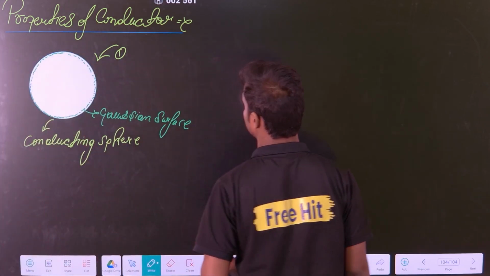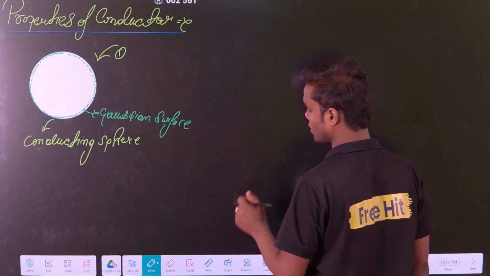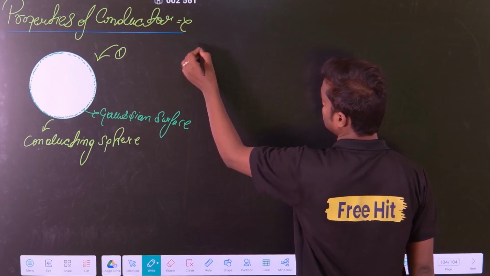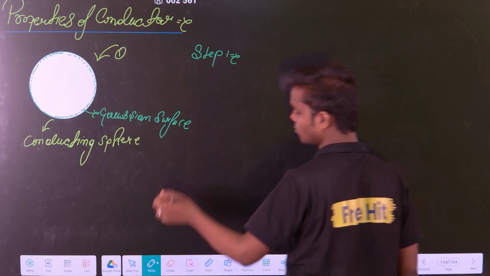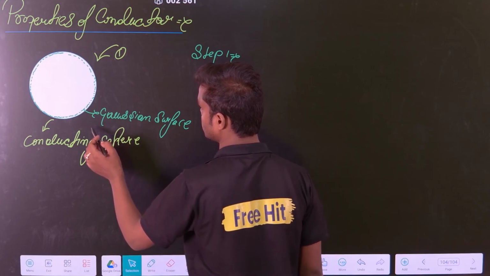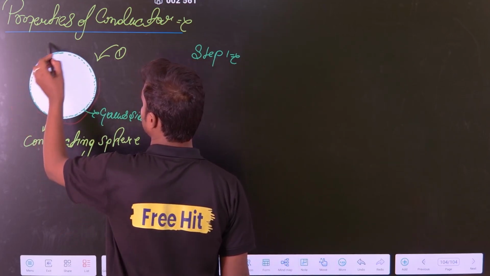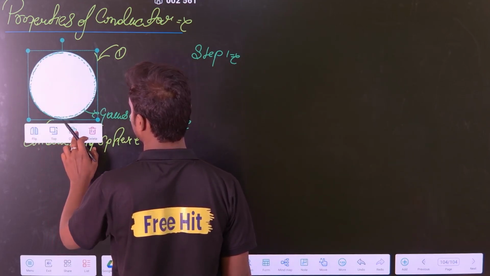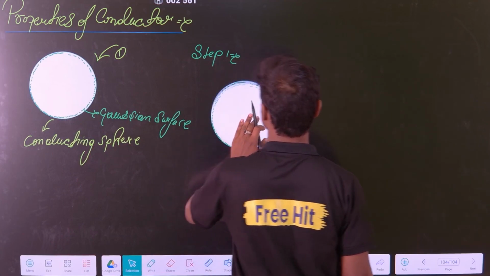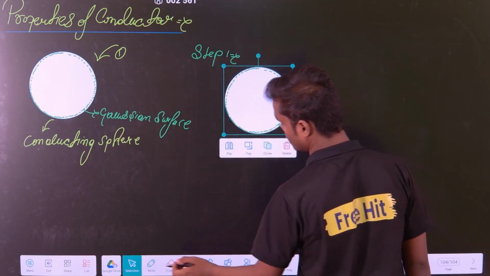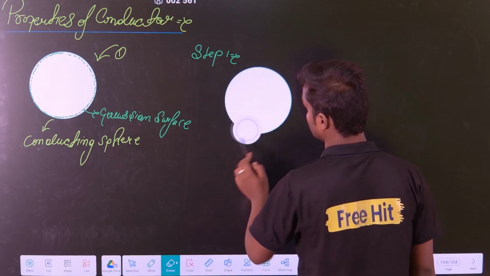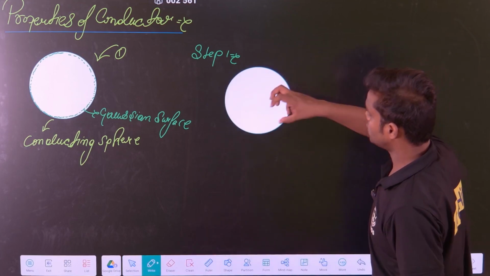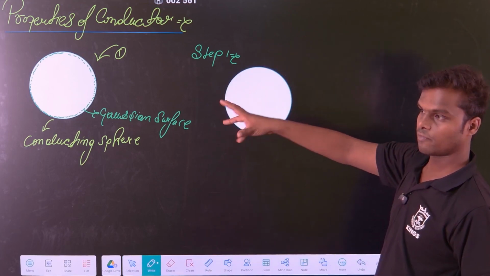Step 1: I am trying to let you understand the things in simple steps. Suppose initially it is at equilibrium, everything is stable.